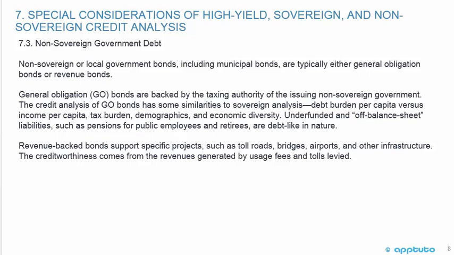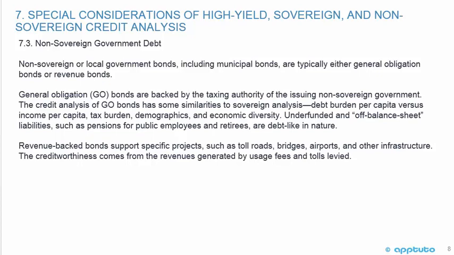The credit analysis of general obligation bonds has some similarities to sovereign analysis: debt burden per capita versus income per capita, tax burden, demographics, and economic diversity. Underfunded and off-balance sheet liabilities, such as pensions for public employees and retirees, are debt-like in nature.